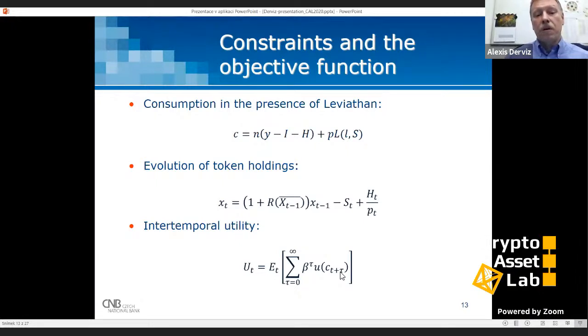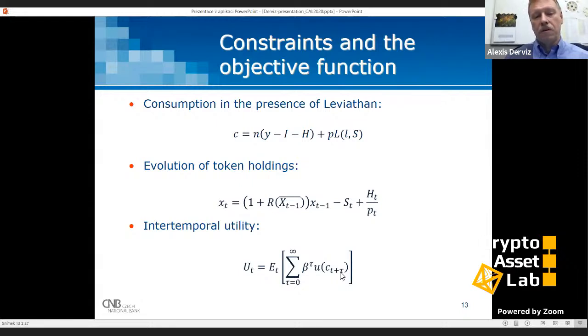Here is a formal summary of what I was just talking about. Your consumption is your physical Leviathanian function n, which has a decreasing marginal return. So your income y minus investment minus token purchases. So instead of converting it one-to-one to consumption, you have to count on losses.